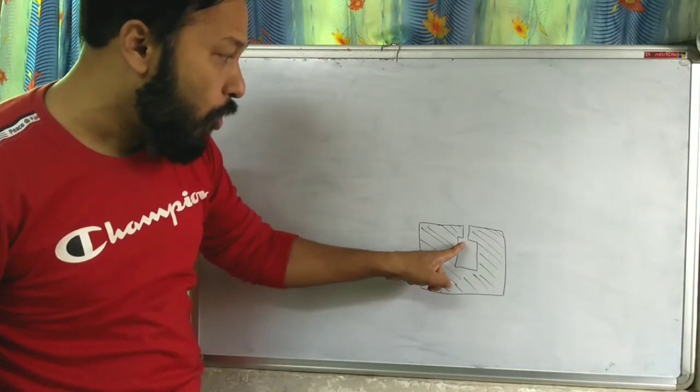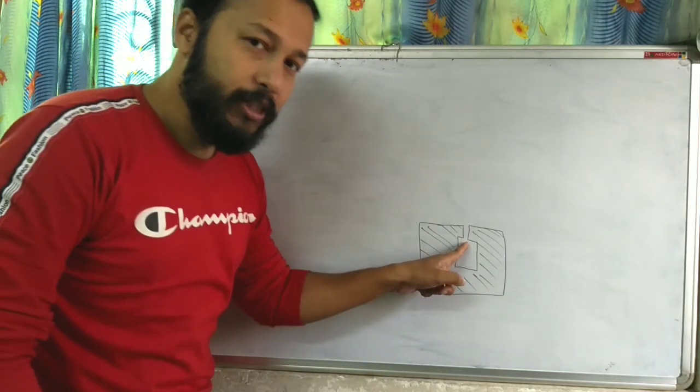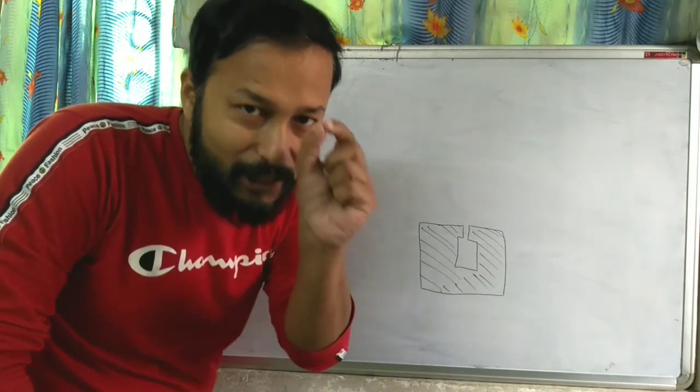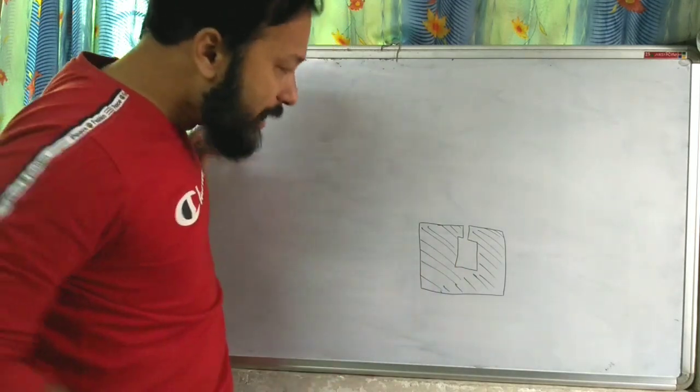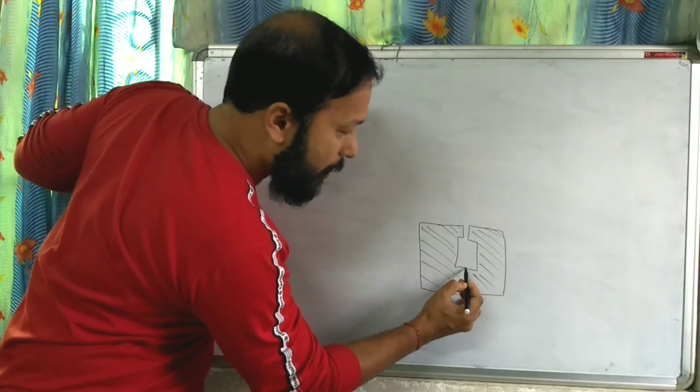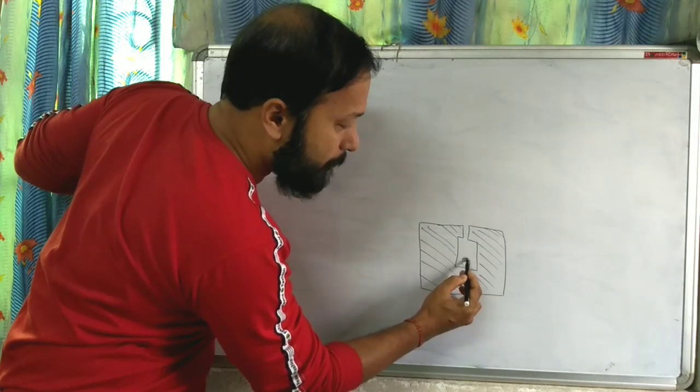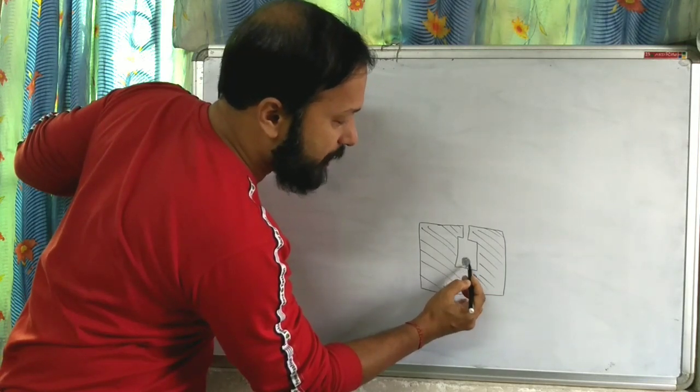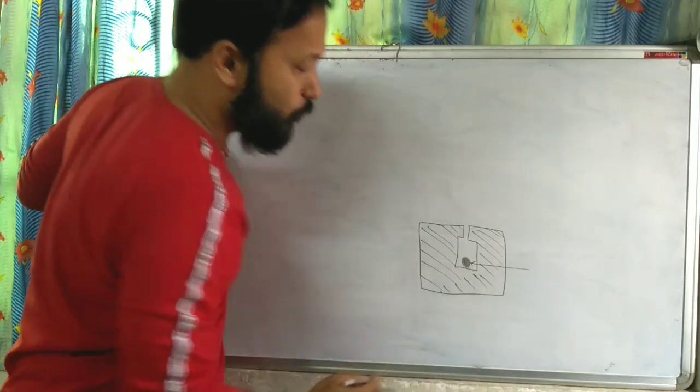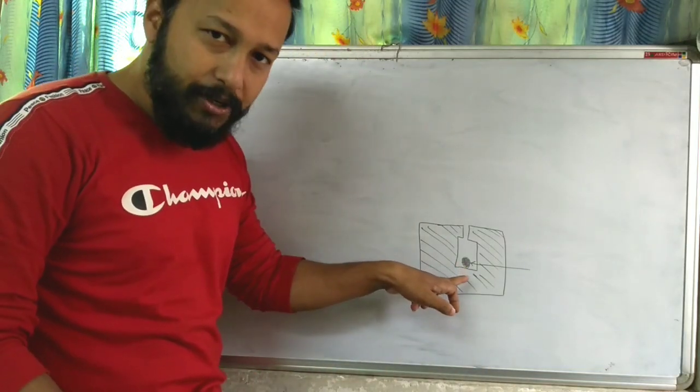But there is a small hole on the top. At the top there is a small hole, and he took a material, uranium, here. This is uranium. Understood?